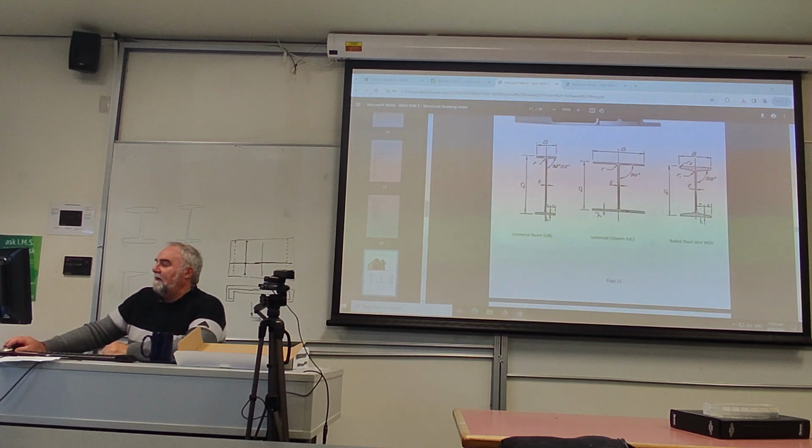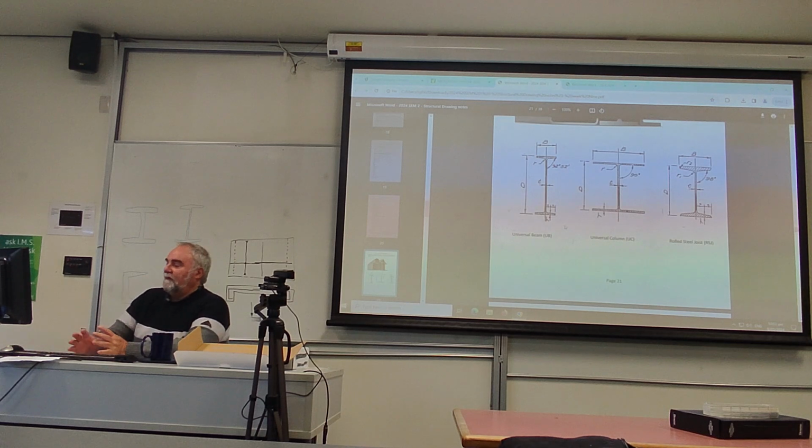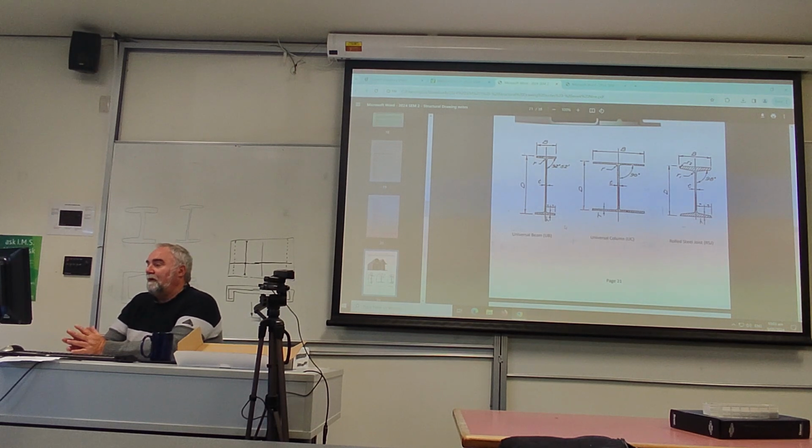Now, there are ways of calling these up in terms of these numbers here, but they're more reserved for when you start doing things like structural design. When you do that, you'll be putting in numbers and coming up with an answer for B or D or T in your structural design.